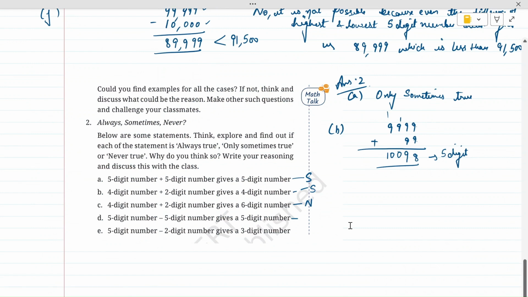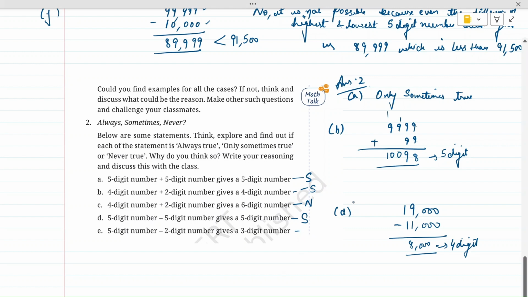For that, I'm taking one scenario for part D. I have the number 19,000, which is a 5-digit number, and from this I am subtracting 11,000, which is again a 5-digit number, and it gives me 8,000, which is a 4-digit number. So this minus this gives a 5-digit number, this we saw, but this is also giving us a 4-digit number. So that means this one is also sometimes true.